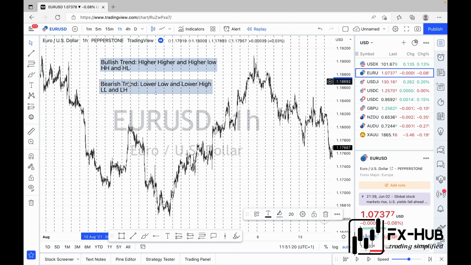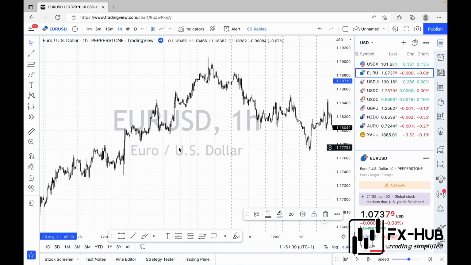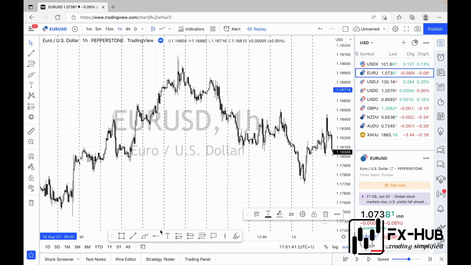So therefore, we have a ranging market. A ranging market is when the market is not making a higher high or a lower low, when the market is bound within a range. Let me quickly bring us to a diagram and draw this here.